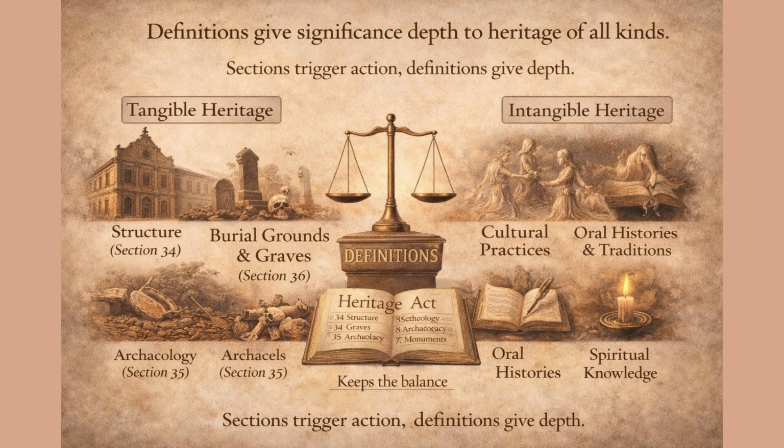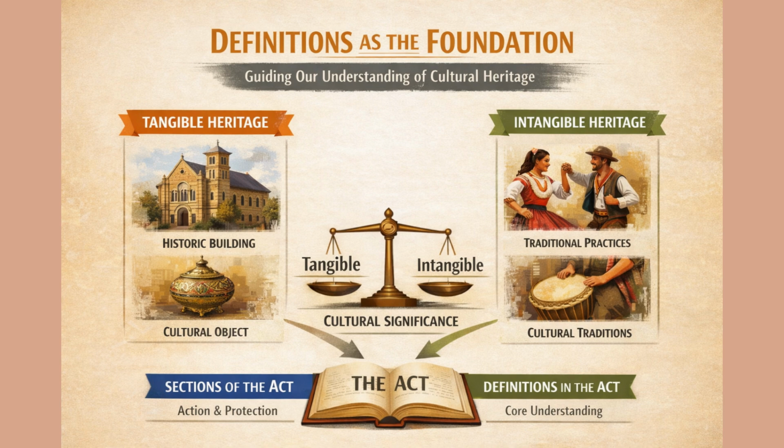We need to keep the balance. We must consider both tangibles and intangibles equally. We use the sections to trigger action, but we can't lose sight of the definitions. They are what gives the whole process its depth. So in a sentence, the scope of heritage is established in the definitions.